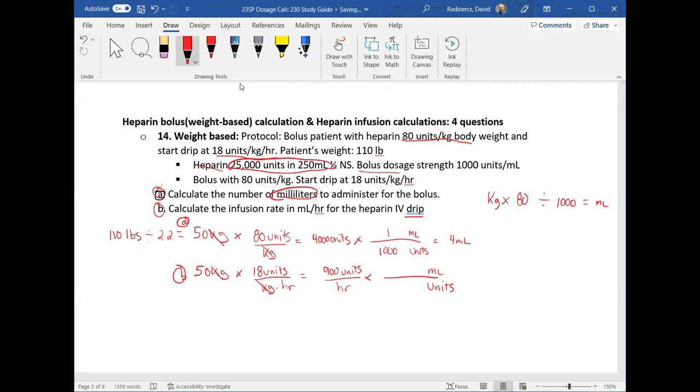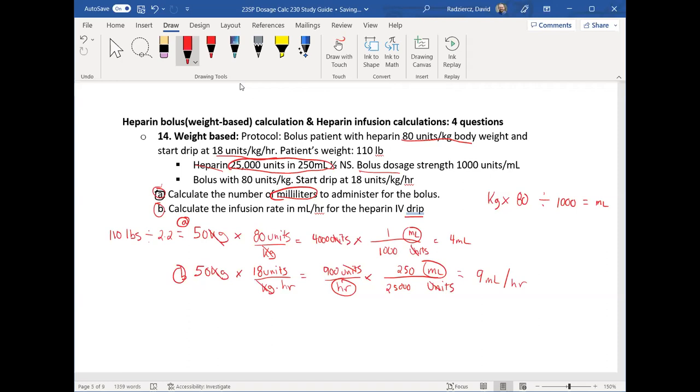I'm going to put my 25,000 units here and my 250 mL right here. I'm going to do 900 times 250 divided by 25,000. I'm going to eliminate units because I want to make sure I'm in milliliters per hour, which I will be. Here I was in milliliters, here I'll be in milliliters per hour. And I'm going to get 9 mL per hour.